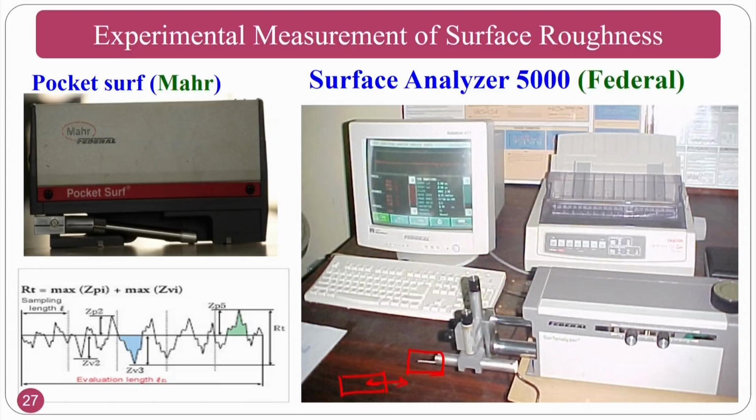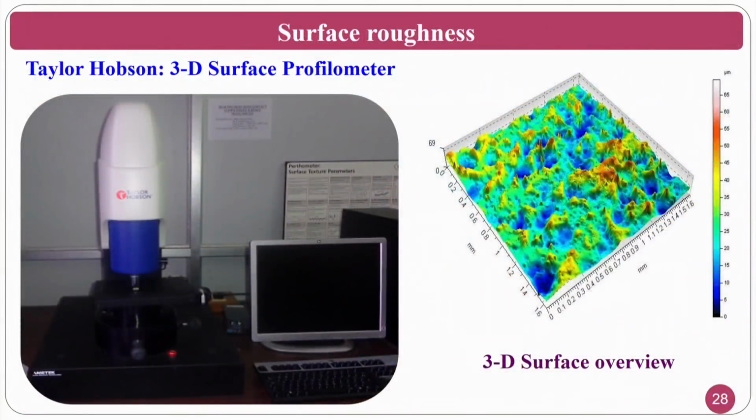The problem with this one is that it cannot give me three-dimensional surface roughness. At the same time, it may not give me nanometric level measurements. It can, but may not be that accurate. For that purpose, there are 3D surface profilometers, which are non-contact type.